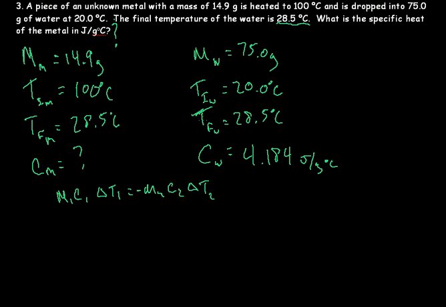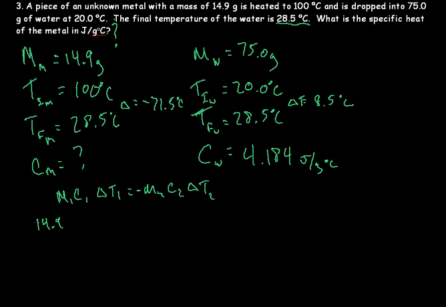The ones are going to be my metal, and the twos are going to be my water, and if I switched them, it wouldn't make a difference. To get our delta T, we subtract final minus initial. Since our metal's going down in temperature, we end up at negative 71.5 degrees Celsius. And for my water, it's going up by 8.5 degrees Celsius, so my delta T for the water is 8.5 degrees Celsius. Now I'm ready to plug all this in.